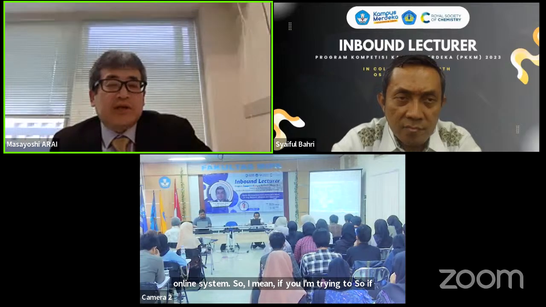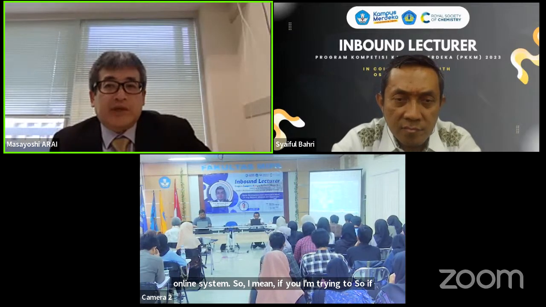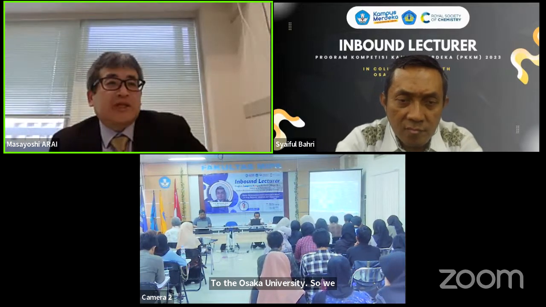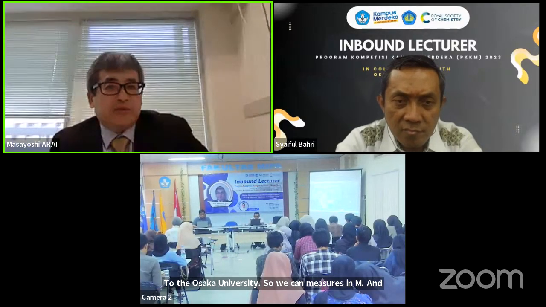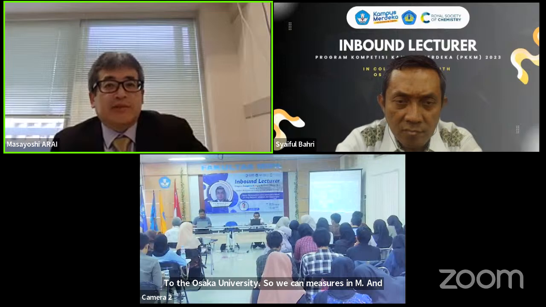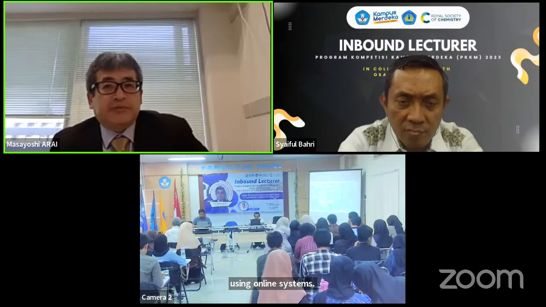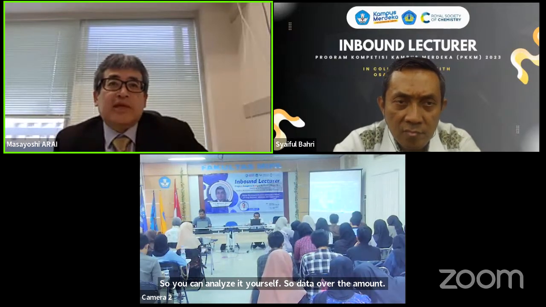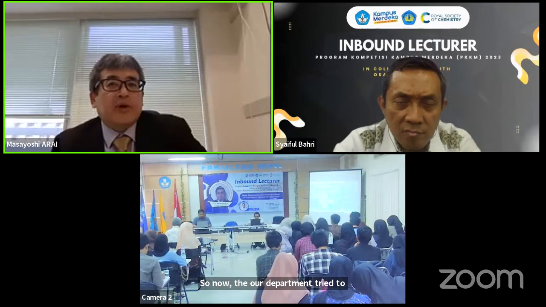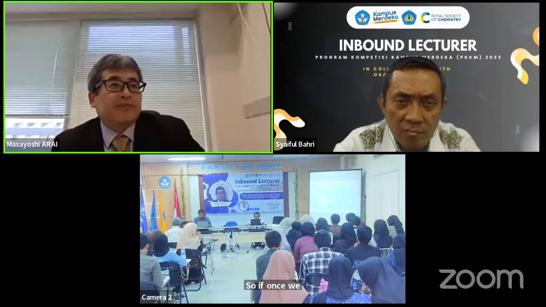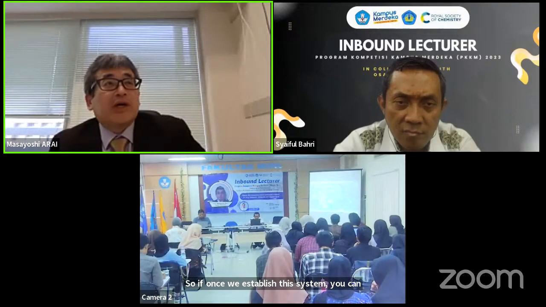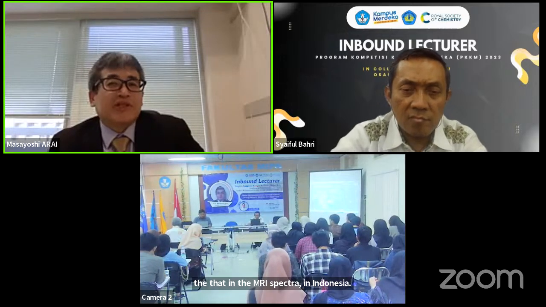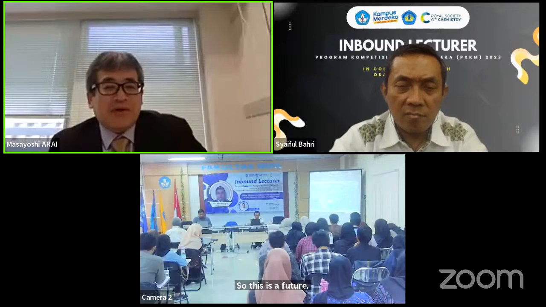If you send your compound to Osaka University, we can measure the NMR, and then the data is transferred to your university using the online system. So you can analyze the NMR data yourself. Our department is trying to establish this system, and once we establish it, you can analyze the NMR spectra yourself in Indonesia. So this is a future plan, maybe for our collaboration.